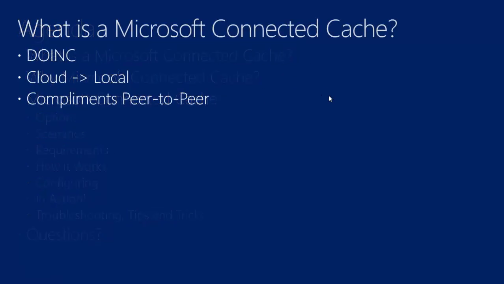All right. So what is Microsoft Connected Cache? Microsoft Connected Cache is the new name for what was initially introduced as DOINC, Delivery Optimization in Network Cache. It's a little bit of a mouthful, right? And Microsoft Connected Cache, a little bit easier to understand.